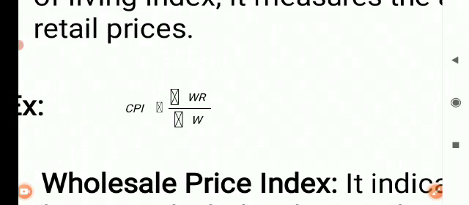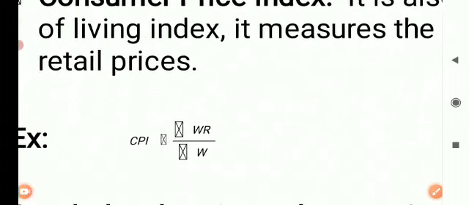CPI is equal to summation of weights times relative price divided by the summation of total weights. Relative price is current year price divided by base year price into 100. That is called price relative. And divided by the summation means the total weights. With the help of this equation, we are able to understand consumer price index.